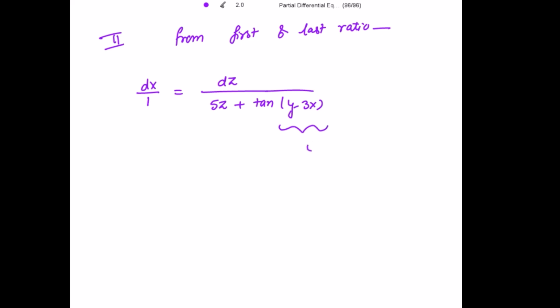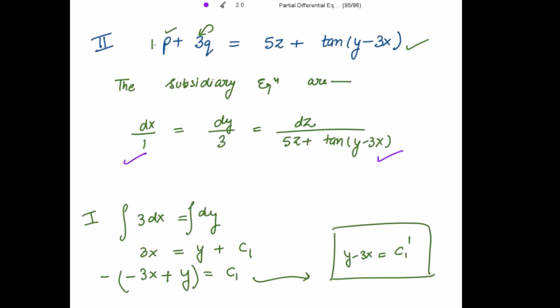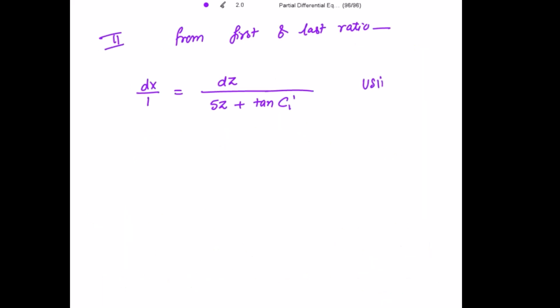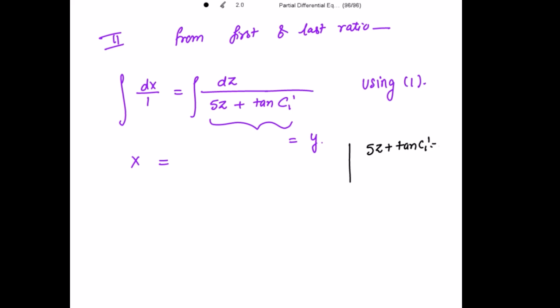Y minus 3x is equal to c1 dash, so I'm writing here c1 dash for this. Is it okay? Fine? Okay. So when integrating these two, if I substitute 5z plus tan of c1 dash equal to y, then differentiating both the sides, we get dy to be 5 dz.